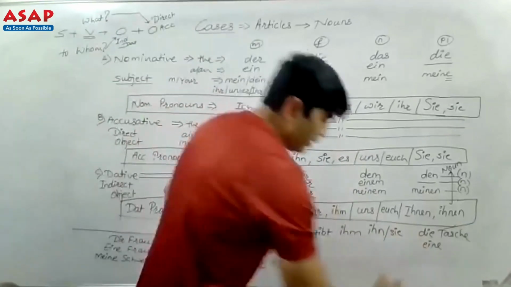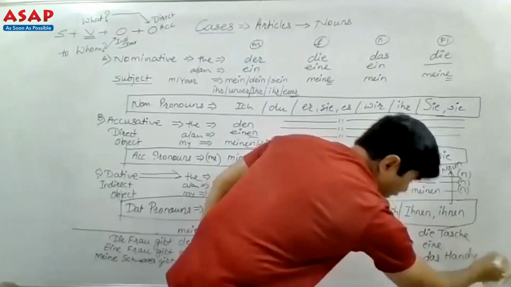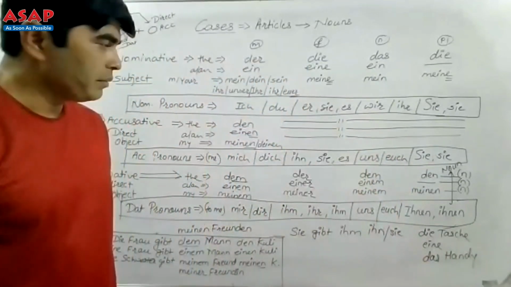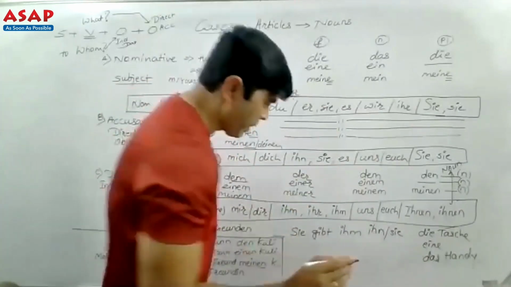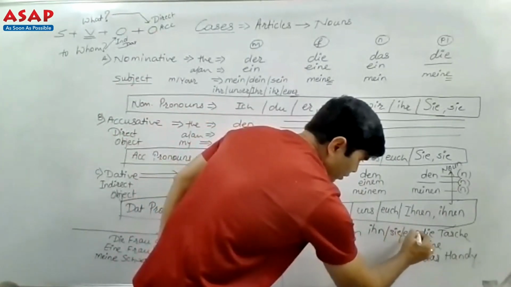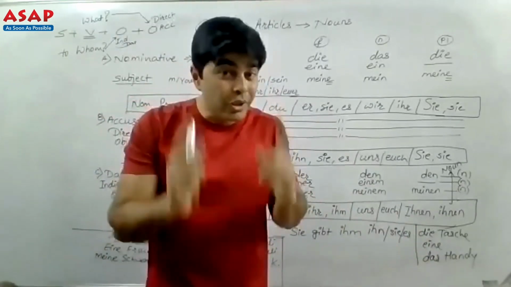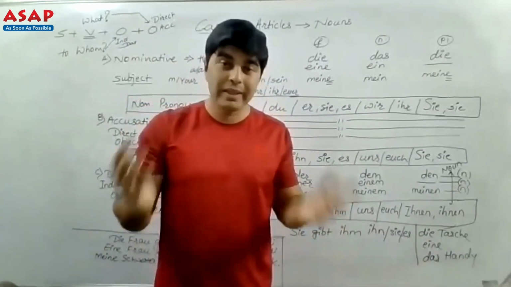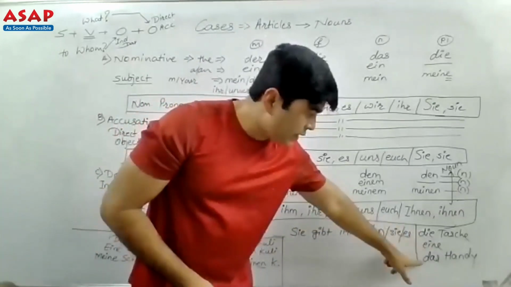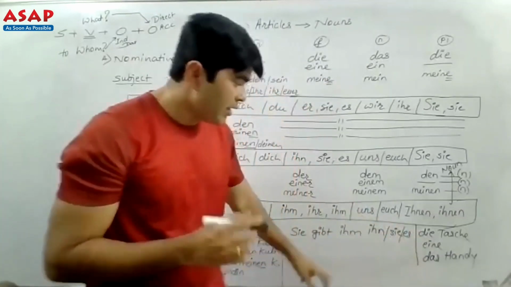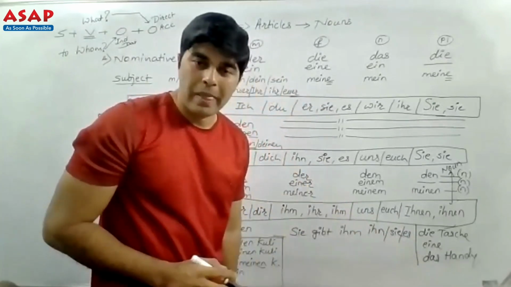Instead of bag, if you are talking about das Handy, then es. Understood now? So you will use es, but only for neutral objects in German, not in Hindi or Marathi or any other language, in German. So der Kuli, die Tasche, das Handy. You got 3 examples here. For masculine, feminine and neutral, it is ihn, sie, and es.